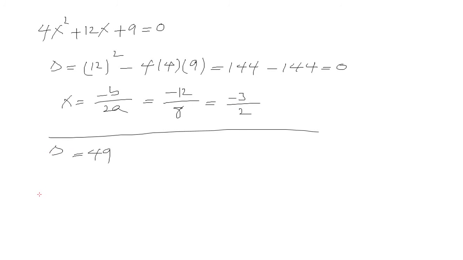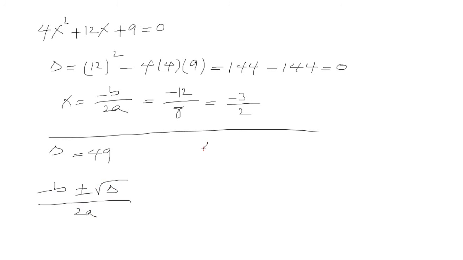Because if you look at the formula, let me write the formula again, negative b plus minus radical delta over 2a. If delta is a perfect square, then radical delta is an integer, and then minus b plus minus an integer is also an integer, so it would be an integer over an integer. That means we have two rational solutions.